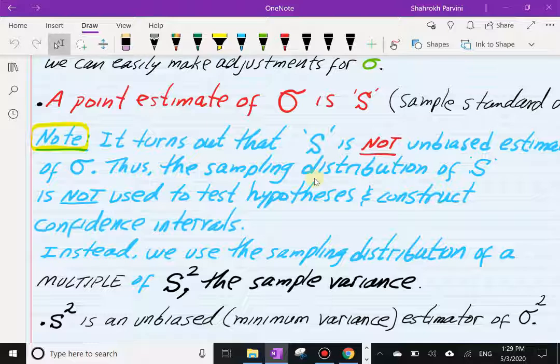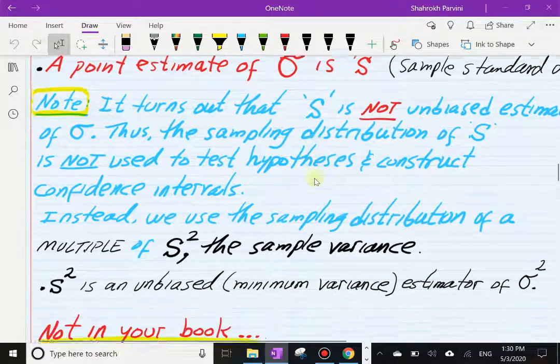So S squared turns out to be unbiased, and not only unbiased, but it has an additional interesting attribute: it is minimum variance among all other estimators of sigma squared. So we use the sample variance for that reason. It's not only unbiased, but it has low variation.